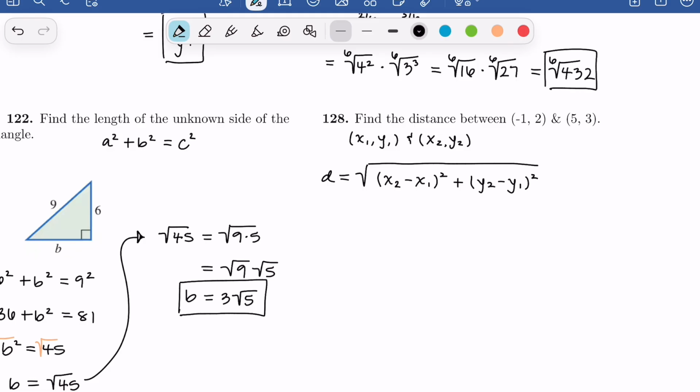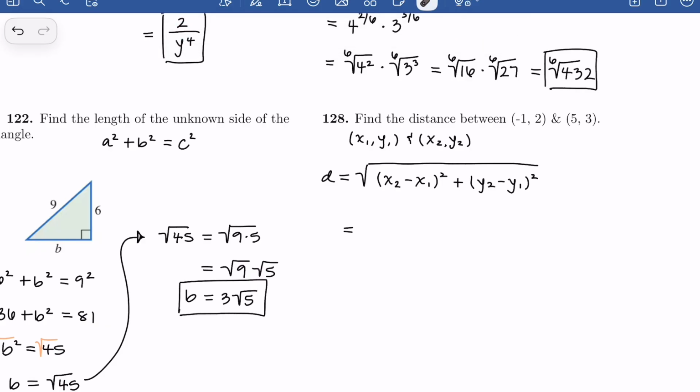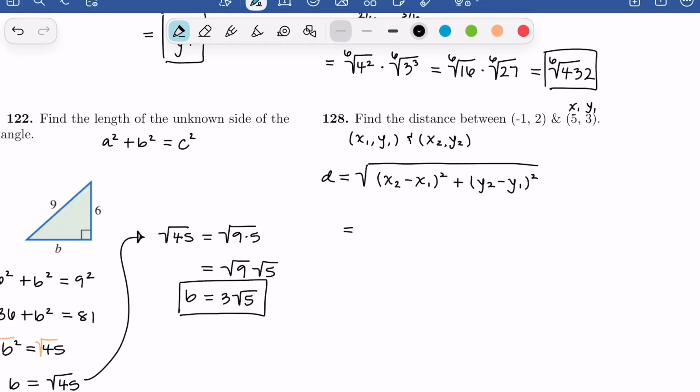So if we want to find the distance between these two given points here, the first thing that I'm going to do is label these. It doesn't matter in which order that you label them, but it does matter in which order that you plug them into your equation. So let's call this one x sub 1 and y sub 1, and x sub 2 and y sub 2.